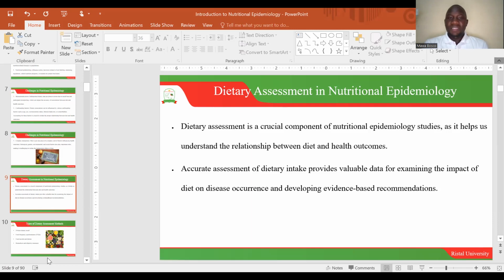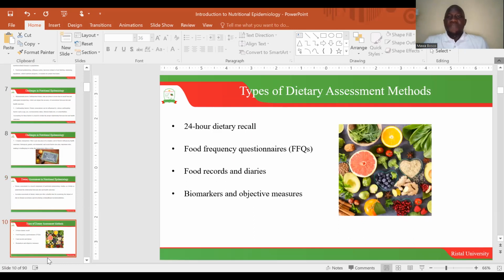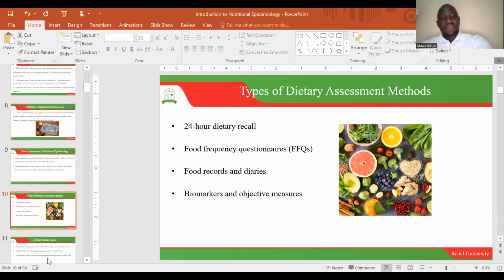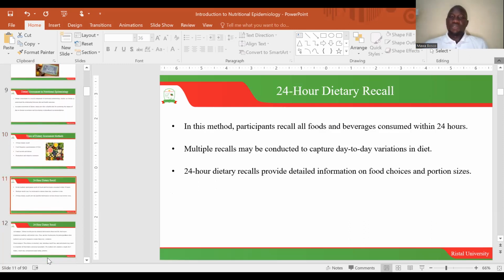With dietary assessments, we can get data that we can use to relate to what health conditions are happening within the population. So we have a variety of ways in which we can do these assessments. We have the 24-hour dietary report, the food frequency questionnaires, the food records and diaries, and then biomarkers and other objective measures. We can use those methods. So let's look at each of those.